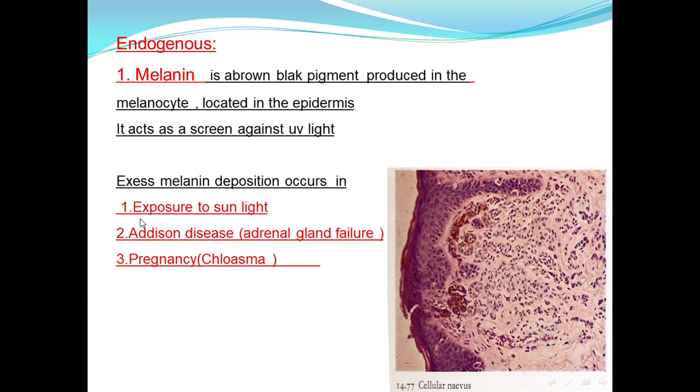Excess melanin deposition may occur after exposure to sunlight, in Addison disease, adrenal gland failure, or in pregnancy, which we call chloasma. This is the appearance of melanin, a black-brown pigment.